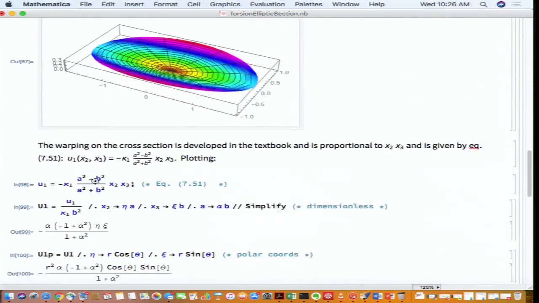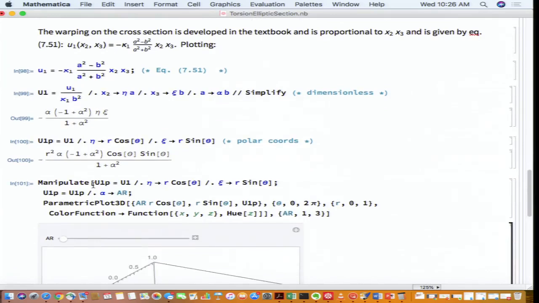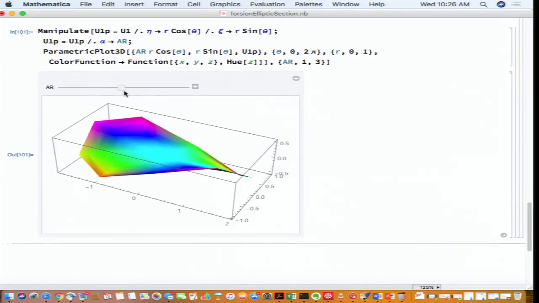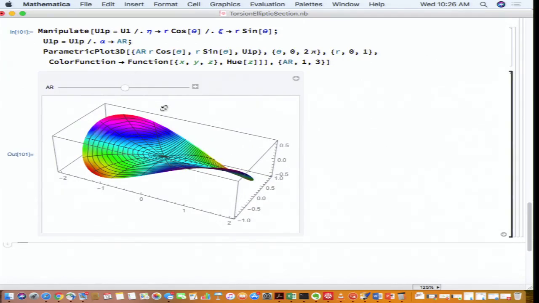Similarly, when you calculate the warpings, again standard formulas, you increase the aspect ratio and you see that potato chip formation. It is a symmetric cross section but it's not a uniform circular cross section, so there is going to be warping out of plane.